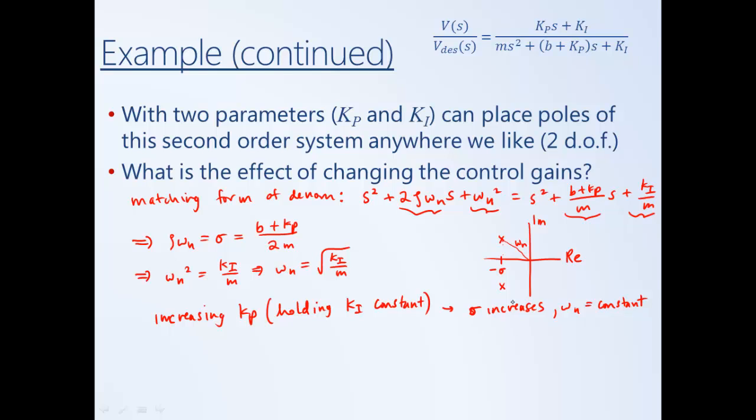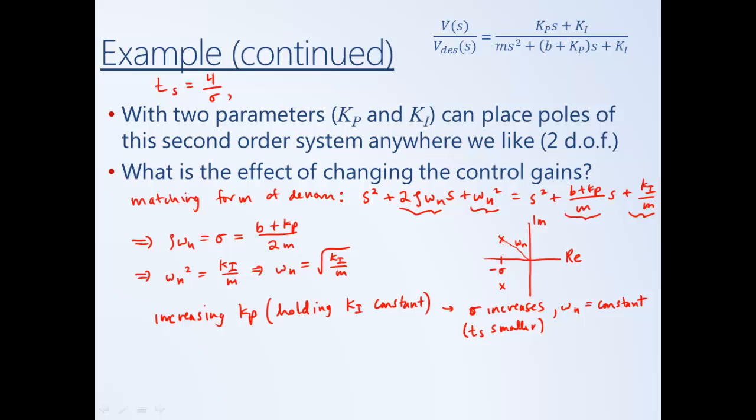So sigma, if we look back to our canonical second order relationships, affects settling time. So if we increase sigma, that's going to make Ts get smaller. Okay. Omega n doesn't directly enter the relationships we focused on.